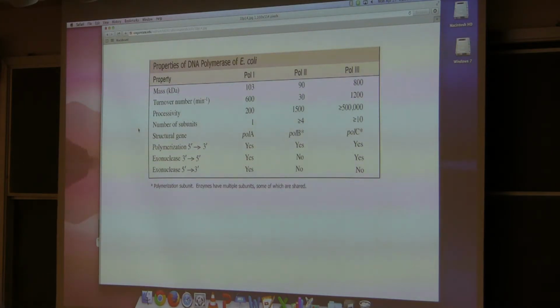This polymerase has 3 active sites, one where it makes the DNA. But now we've popped this into a different site, where it's called the 3' to 5' exonuclease. What the 3' to 5' exonuclease does is it breaks phosphodiester bonds. It starts at the end of a fragment, and it starts moving backwards, and it chops out nucleotides one at a time, and it does that by breaking phosphodiester bonds.